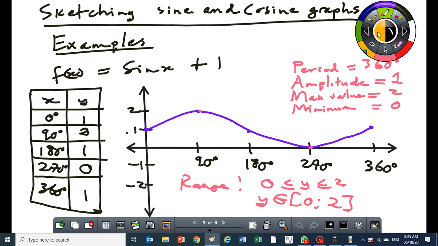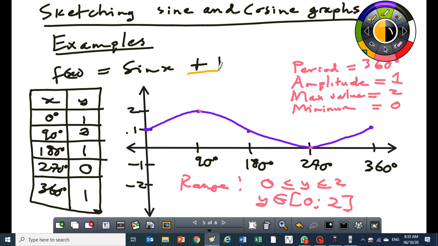I want you to be aware that I started with a case where the amplitude is 1. Later, we'll make the amplitude 2 or 3 and so on. So we have a function f of x equal to sine x plus 1. So we are moving the basic graph of sine by 1 unit up.